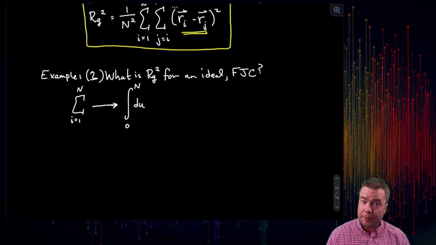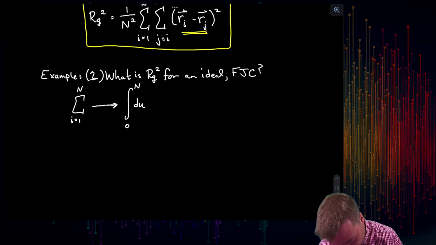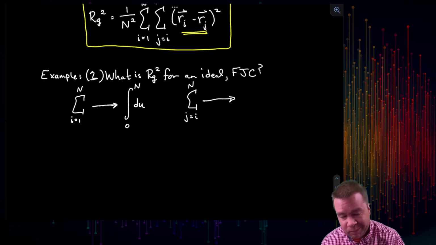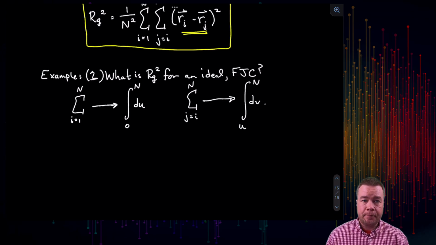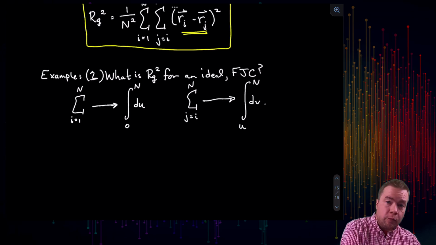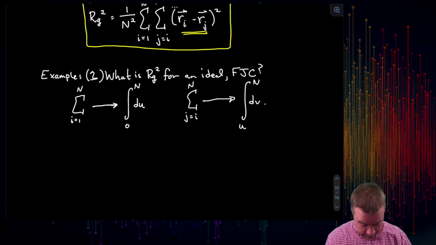We're going to do the same thing for the other summation, as j goes from i to n. We will convert that to an integral from u to n, and we'll call this dv. If we do that, our expression for the radius of gyration looks like the following.